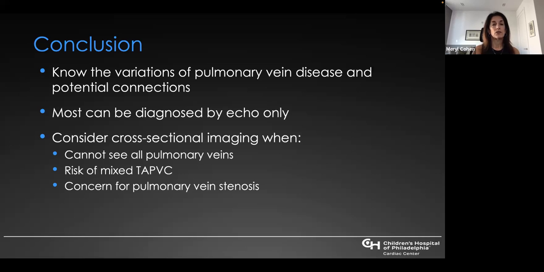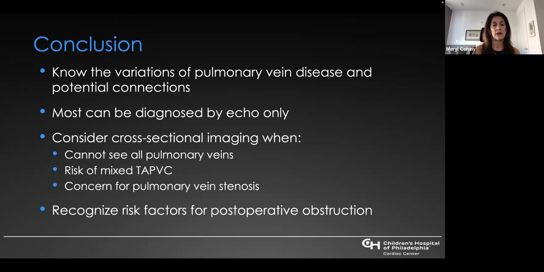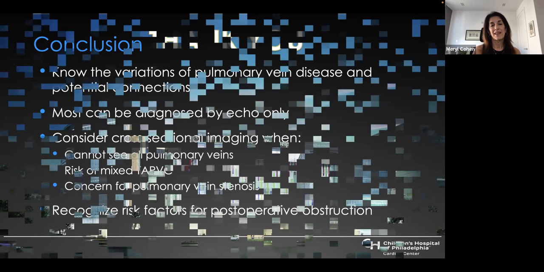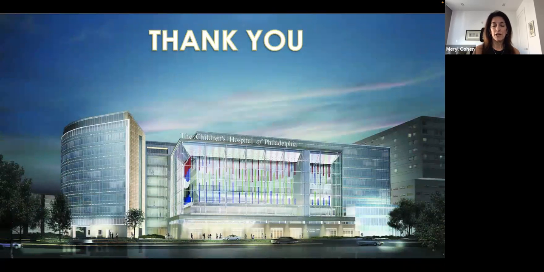And when you have concern for pulmonary vein stenosis itself. And it's important to recognize the risk factors for postoperative obstruction to know to look for them once the patient has been repaired.